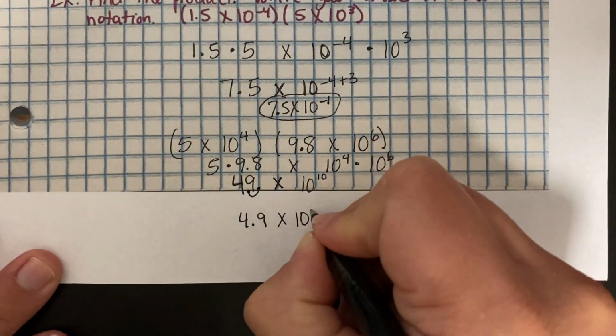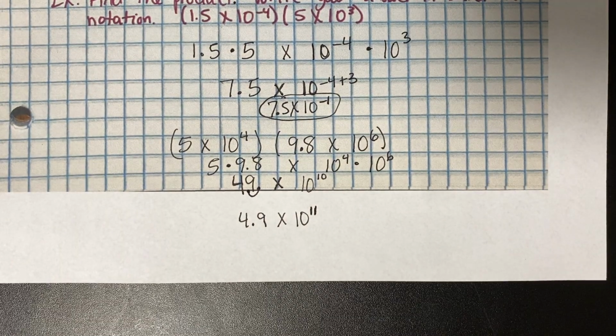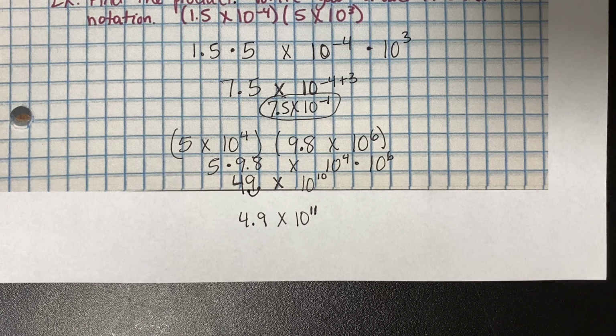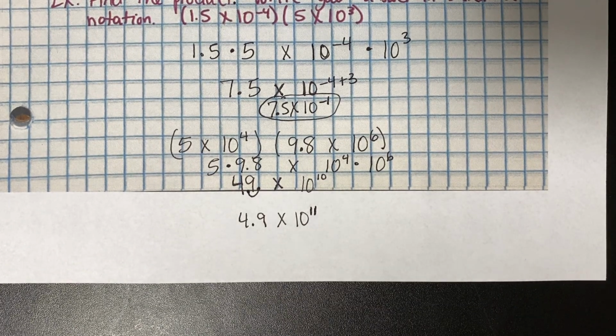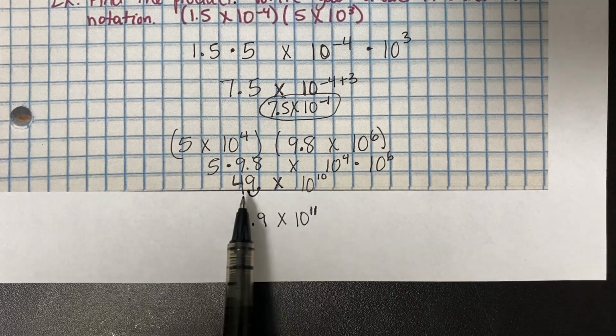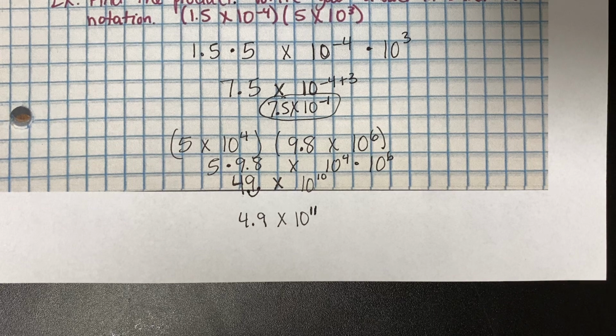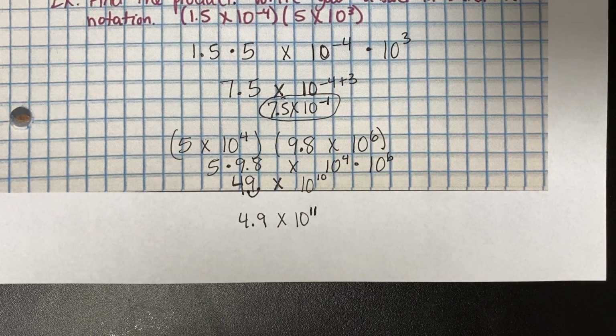So that means we need to add one space to that exponent. We made this smaller, so we needed to make this bigger. Right? So if there's not one number in front of the decimal, you will need to adjust it so there is.